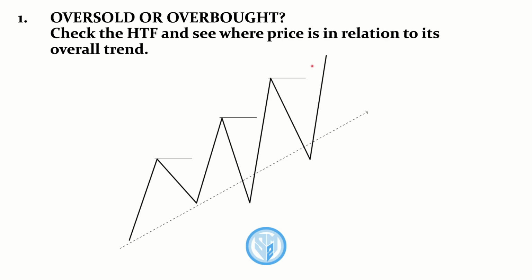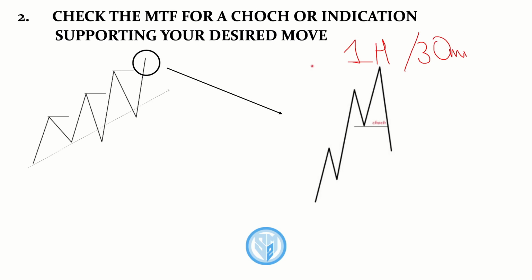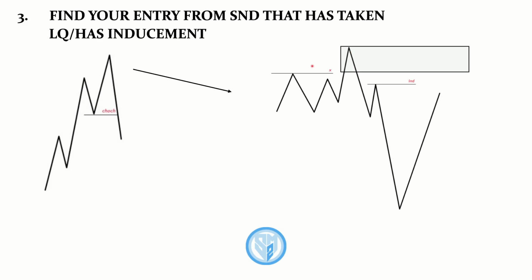Number 1, you look for where the price is oversold or overbought on the higher time frame. Number 2, you check the middle time frame, so the 1 hour, 30 minute, for a change of character or any sort of indication that price is going to be following the bias that you found over here. Okay, number 3 is find your entry from a supply and demand zone that has taken liquidity and has inducement.